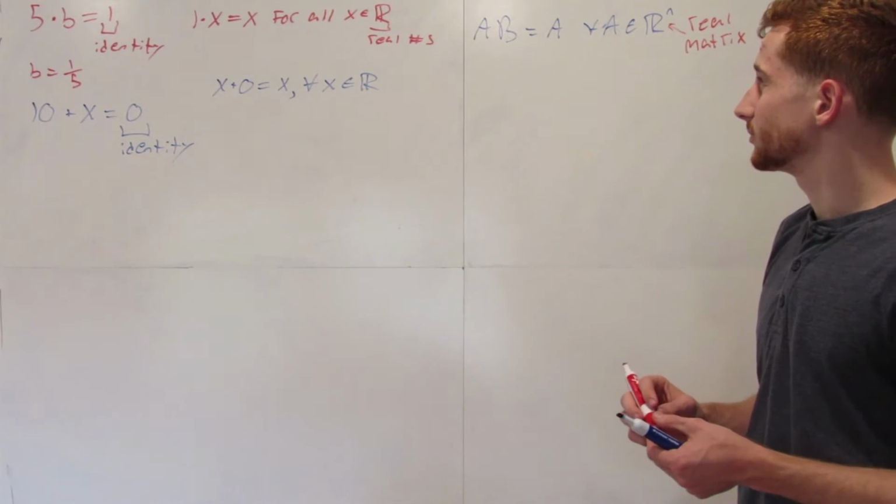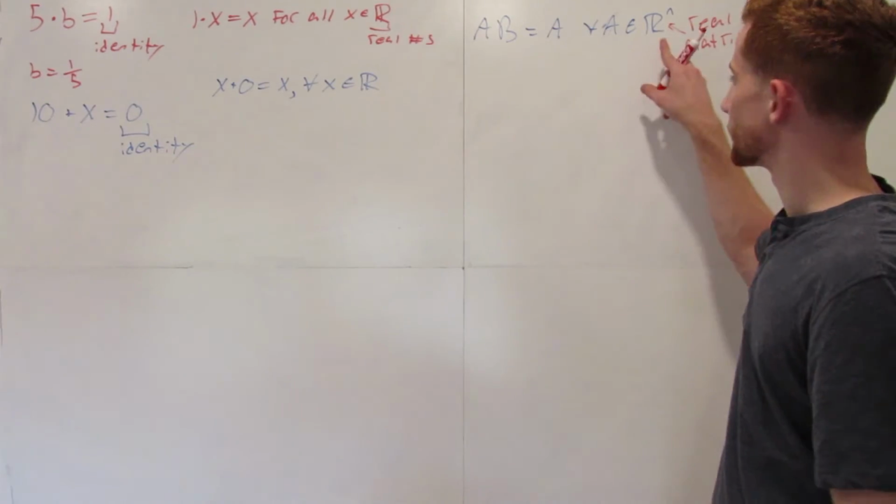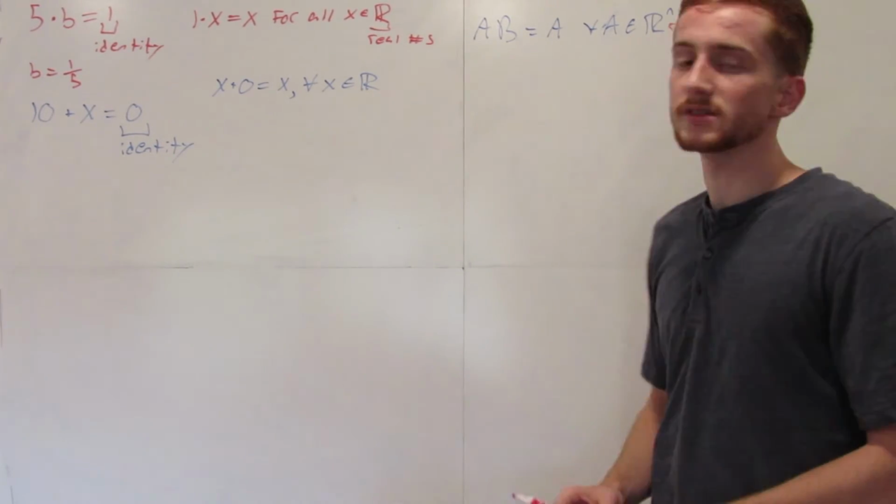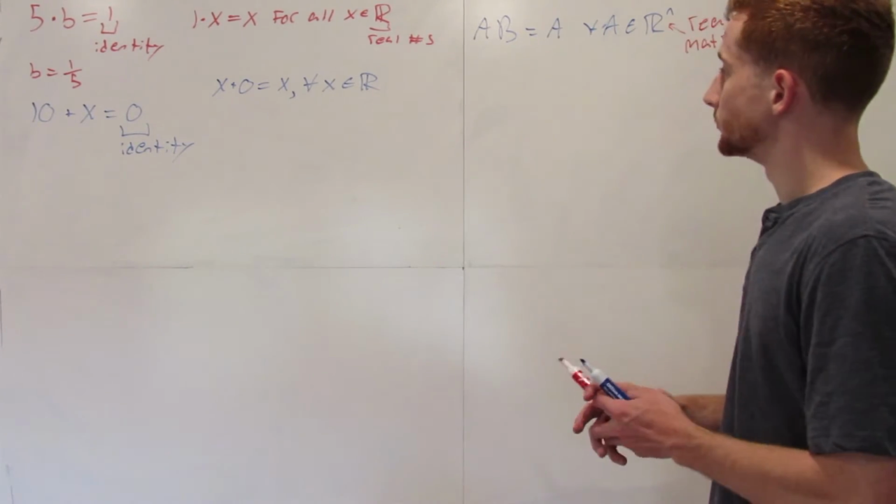Actually, that's not perfectly true, but just know that A is a matrix, and you want to find a B so that A times B is equal to A.